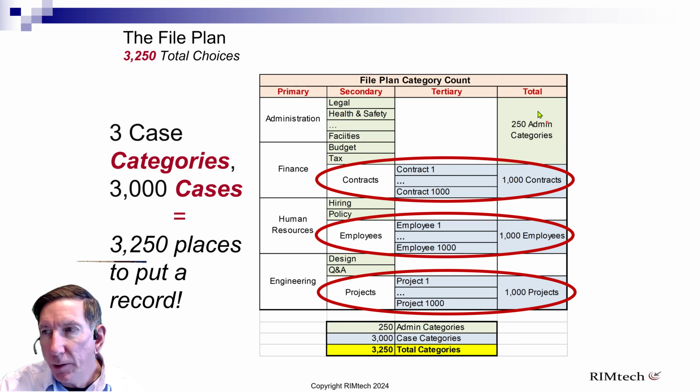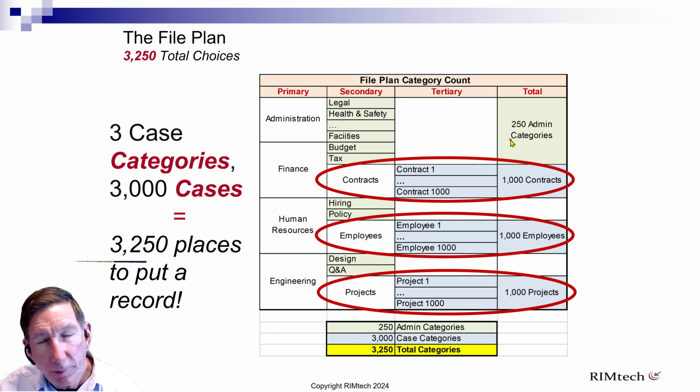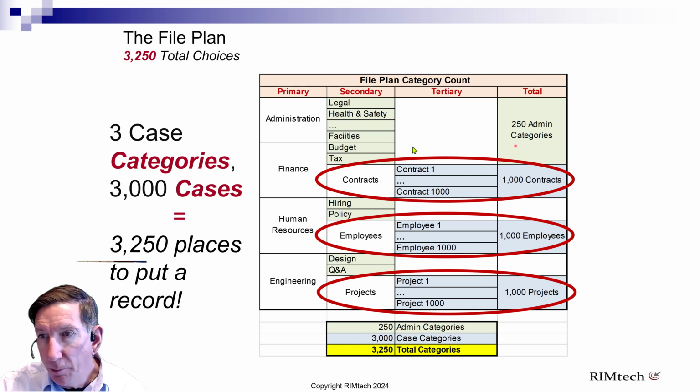If the records are heading towards an admin category, there are 250 places in SharePoint to put them. But if they're about a contract, an employee, or a project, then there are 3,000 places to put them, for a total of 3,250 potential target locations in SharePoint.